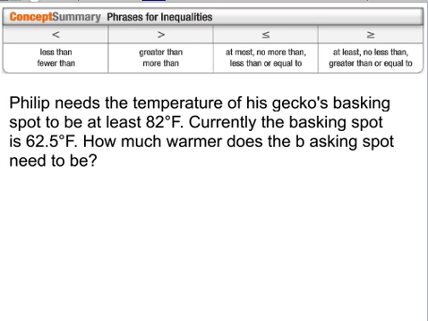So I need to set up an inequality to solve. Don't just jump straight to the solution. You know that when you have a problem like this, they're always looking for you to set up an inequality or an equation to solve. So I know that I have 62.5, and I know I need to make it warmer, plus W. It needs to get higher, right? And I want it to be at least. What symbol do I need for at least?